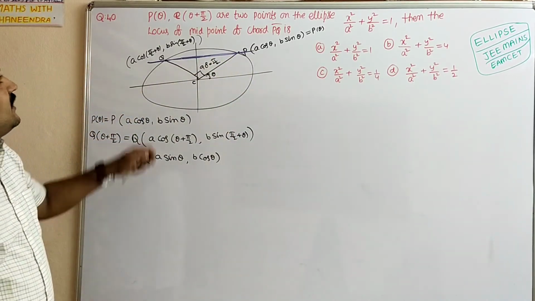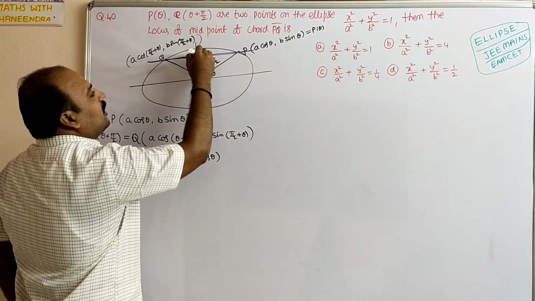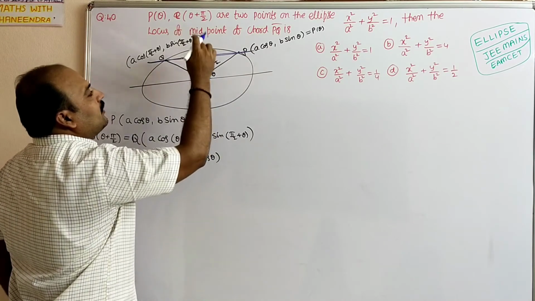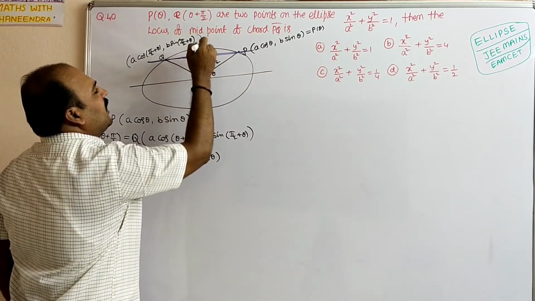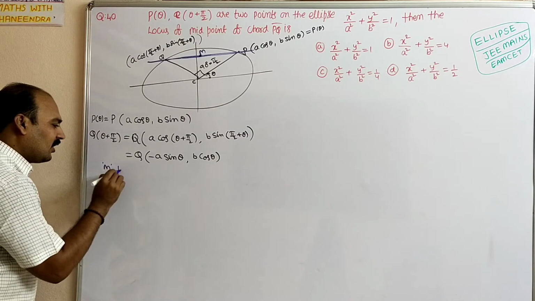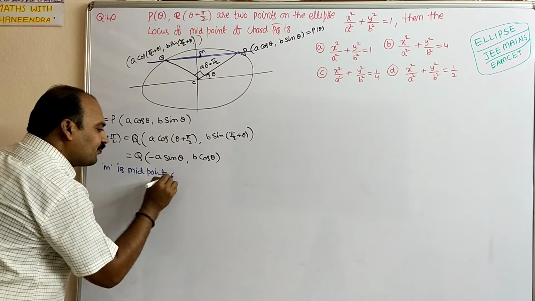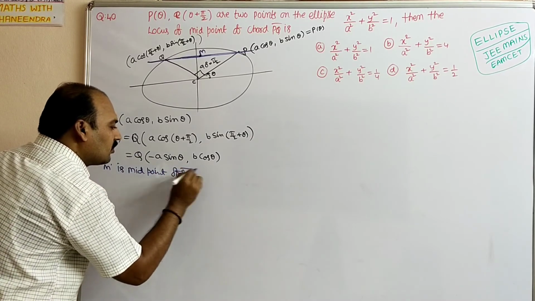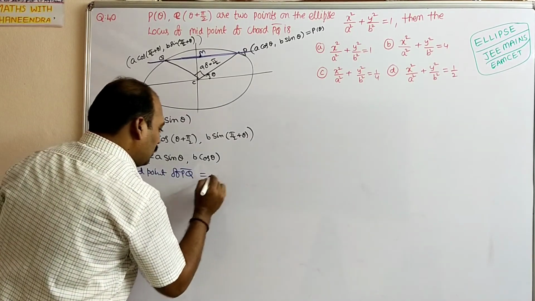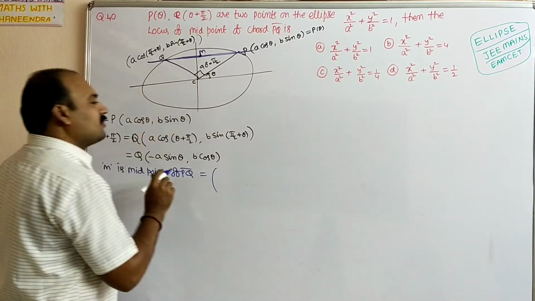What they are asking is the locus of the midpoint of the chord PQ. See here, I am taking the midpoint of PQ; not P, some point M you can take, because PQ I have already taken. So M is the midpoint of PQ. Midpoint means x1 plus x2 by 2 only, no?